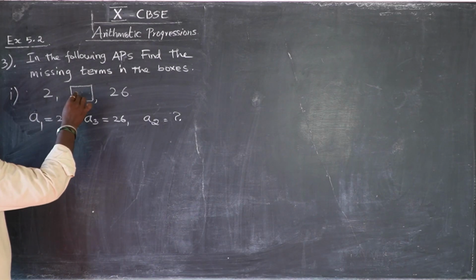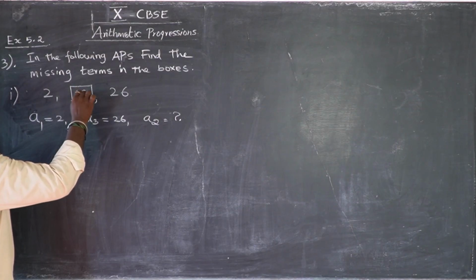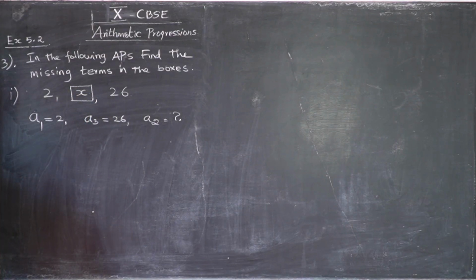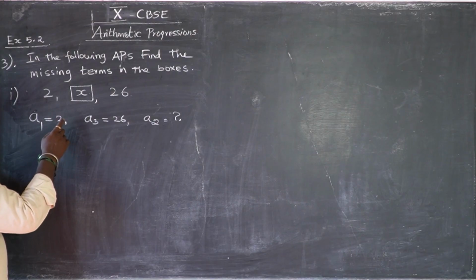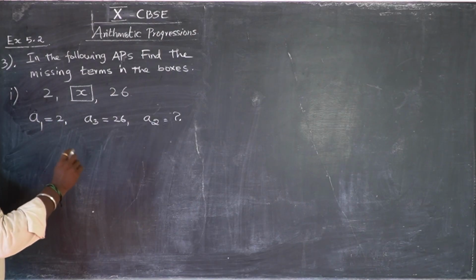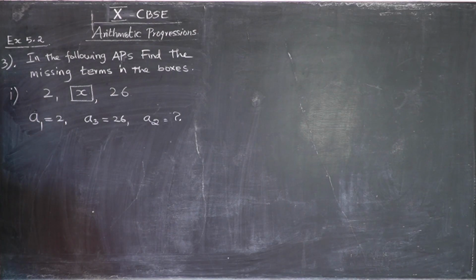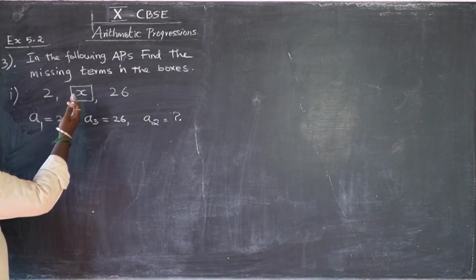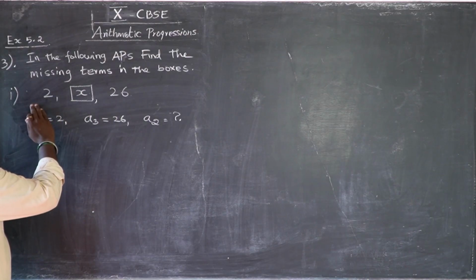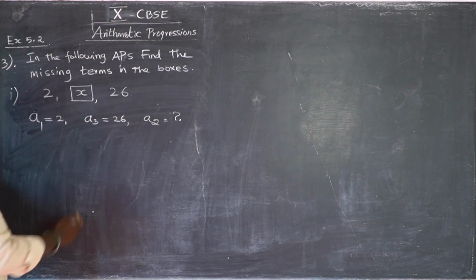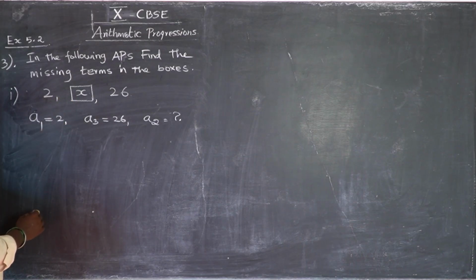So consider this unknown value x. Okay? We know that in an AP, common differences are equal. So common difference means second term minus first term is equal to third term minus second term. So by using that hint, we can find the value of x.